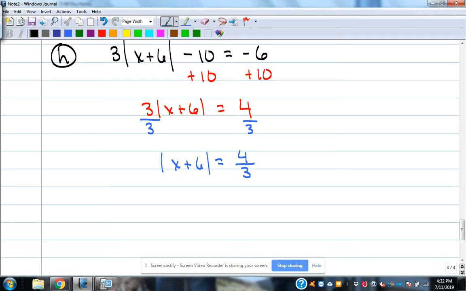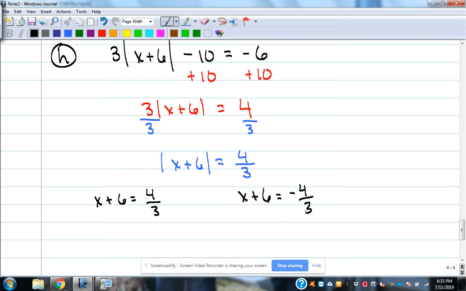Now it is a valid absolute value equation, because it is an absolute value equal to a positive number. It's a fraction, but it's positive. So we can get 2 different answers. We set them up: x plus 6 equals 4/3, and x plus 6 equals negative 4/3.